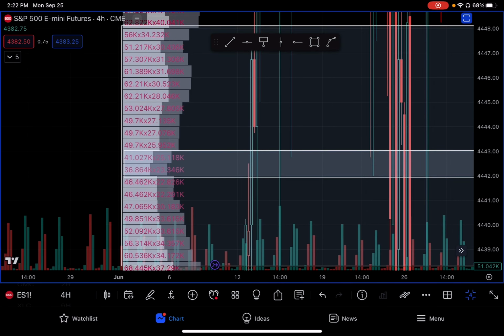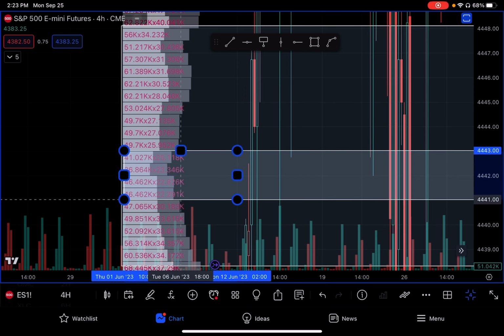I'm trying to see where's the deepest part. So see when I put my caliper here, I can see this, this, this, and this are kind of the deeper parts. So I'll actually put that there.